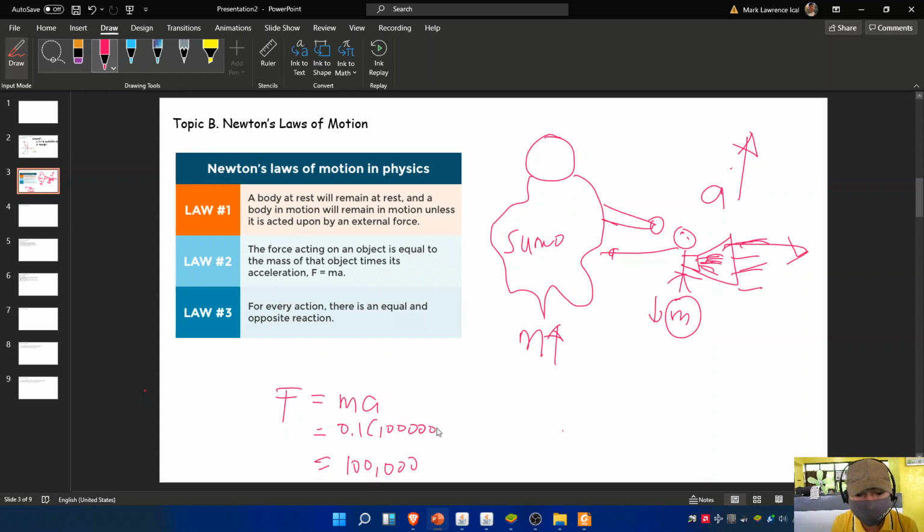So, ang force ko magiging 100,000 na, kapag gumamit ako ng 1 million meters per second squared na acceleration.